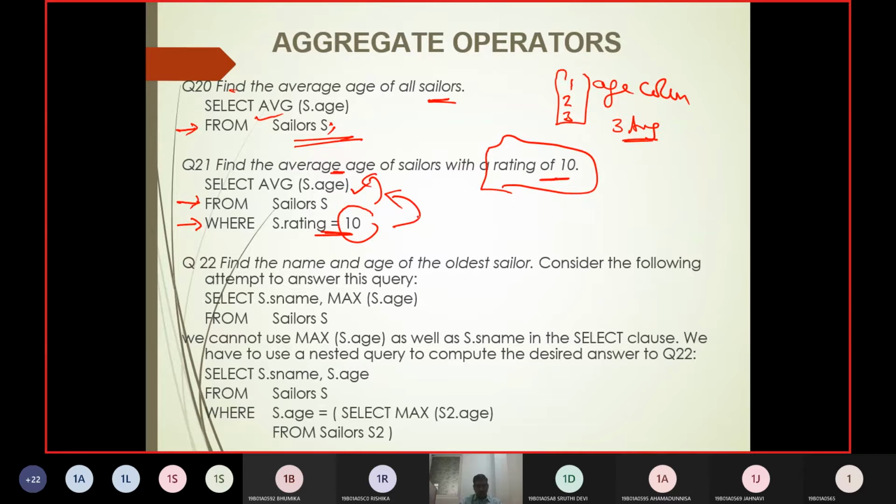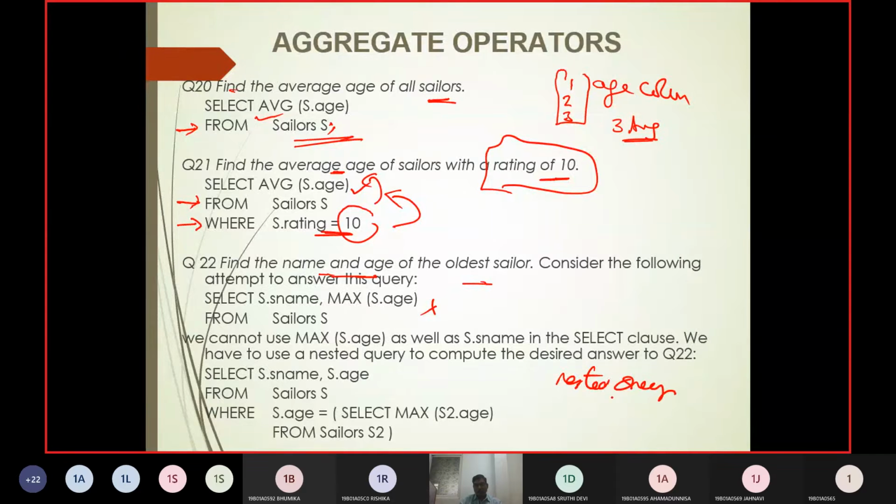Now this is an interesting query: find the names and ages of the oldest sailor. First of all, this is the technical way we should answer. Instead of doing it in a single operation, we need to work with nested queries.